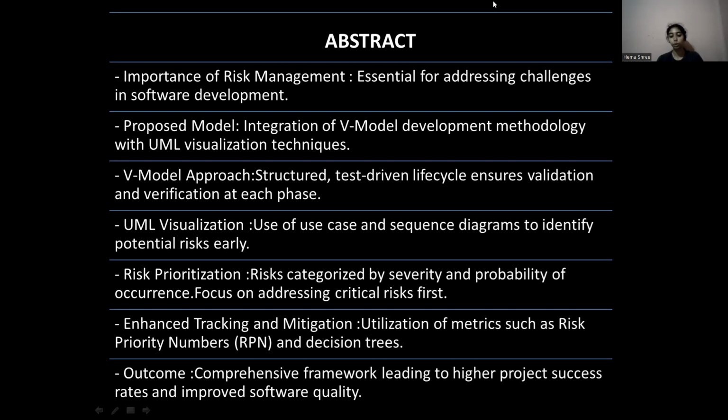UML diagrams such as use case and sequence diagrams enhance the clarity of software process, helping to pinpoint risk areas early on and improve overall quality and success of the project.